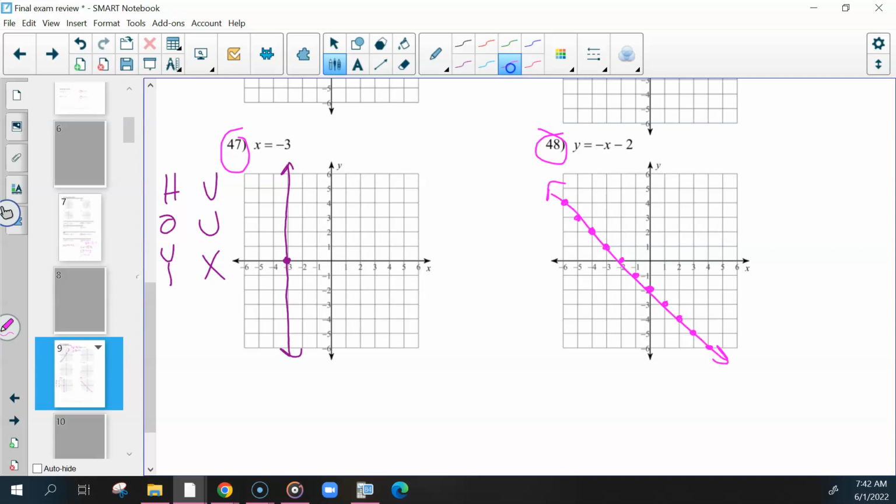That one's not straight. Do we have any questions on that one? Or other questions on this page, or want to see any others on this page?